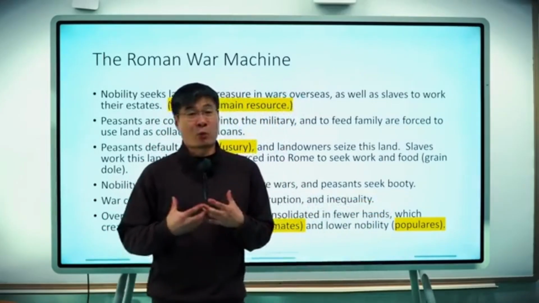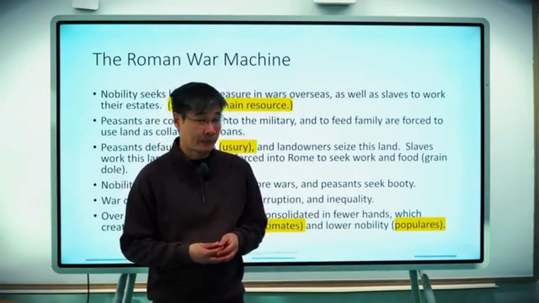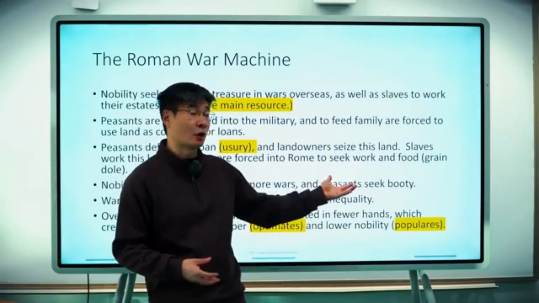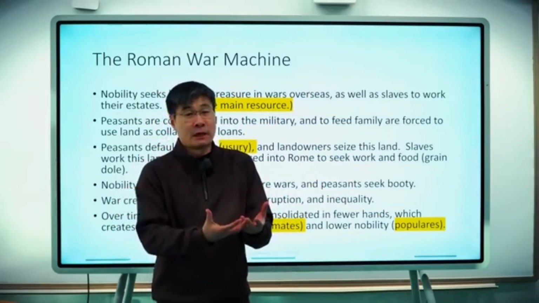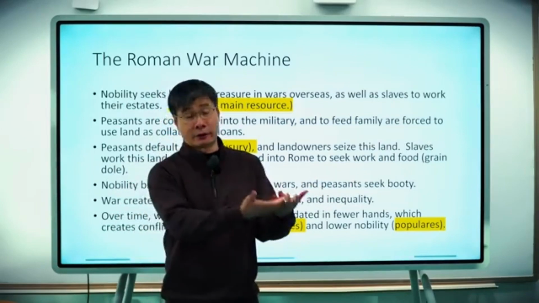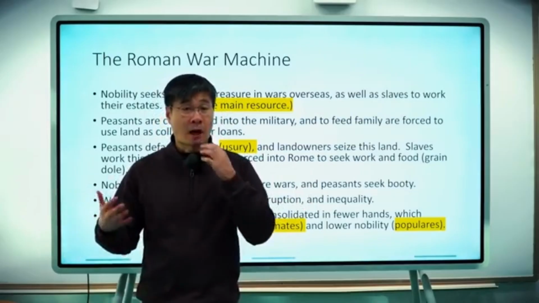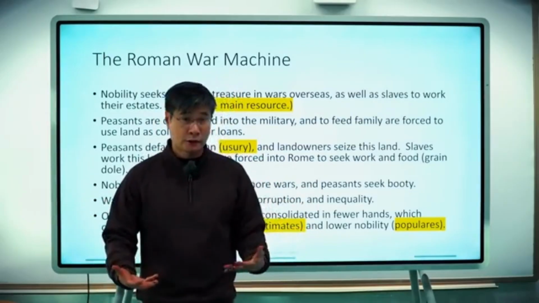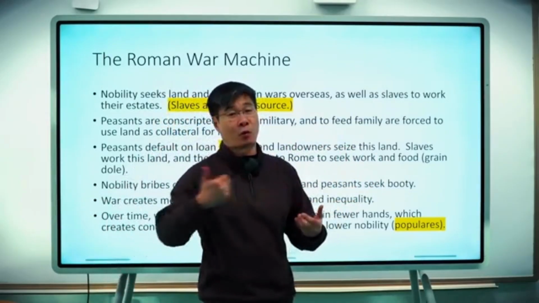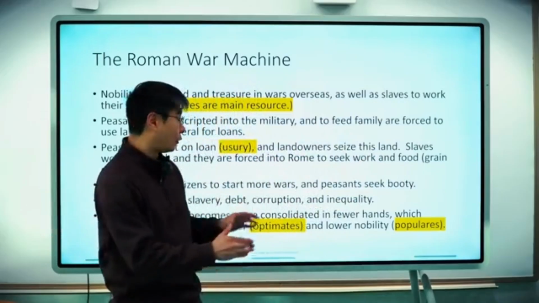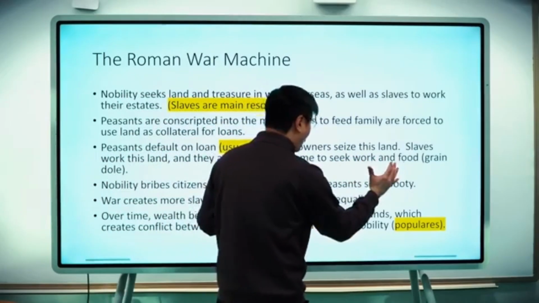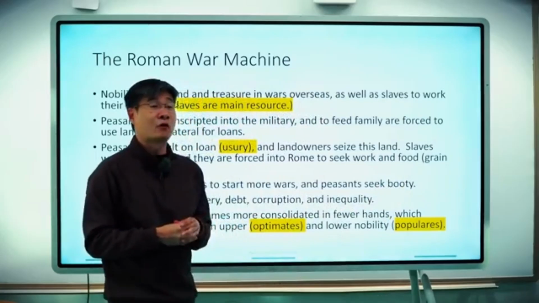Populares is where we get the word populist from. So this is lower nobility, people like Julius Caesar, who take advantage of the discontent in order to launch their political careers. And what they do is they promise the peasants, the people, more opportunities, okay? To take the wealth of the rich and give more to the poor. Okay, so this is a conflict that will arise in Rome after the end of Carthage.